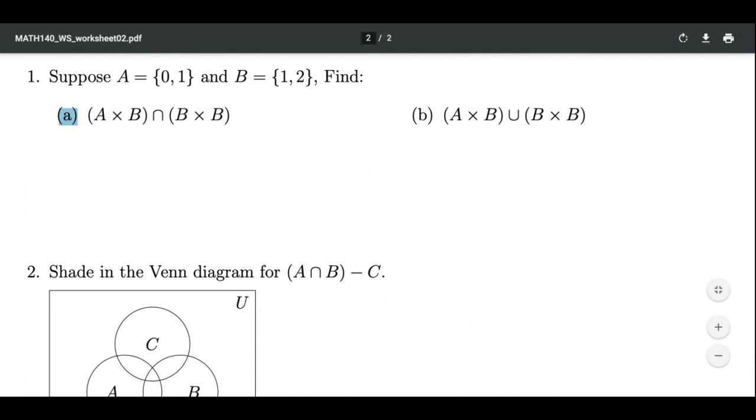Okay, Xiaomi already has the answer: 2 ordered pairs, (1,1), (1,2).